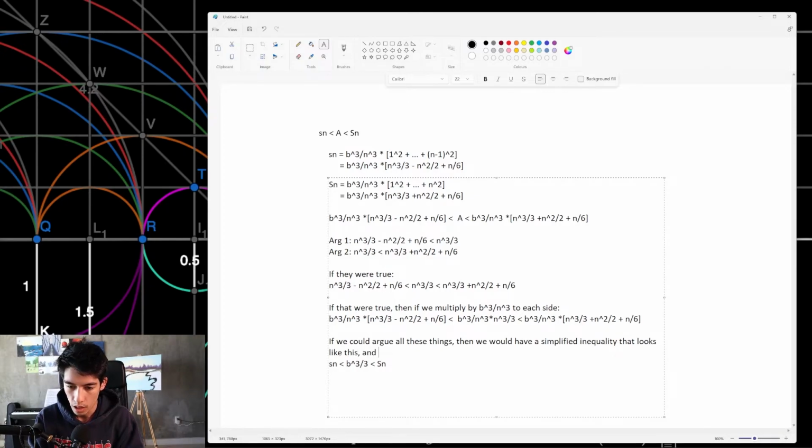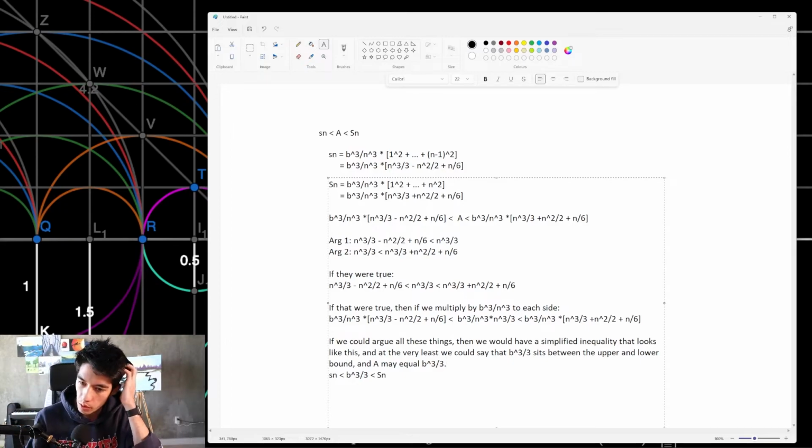At the very least, we could say that b cubed over 3 sits between the upper and lower bound, and a may equal b cubed over 3.